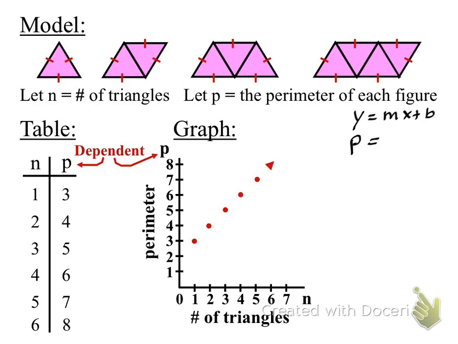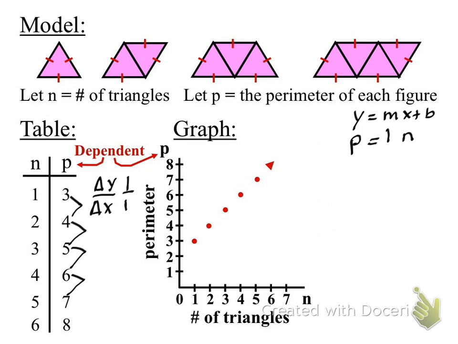Yep, that's your X. And then, what is my M? How am I finding my slope? Ansana? Delta Y over delta X. It's the change in Y over the change in X. So what goes on top? 1 over 1. So my M is 1.